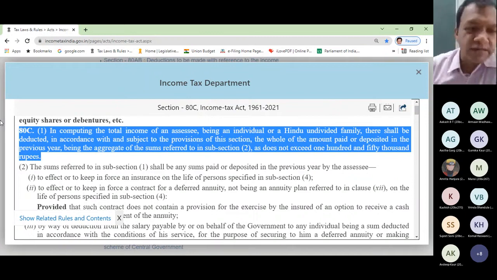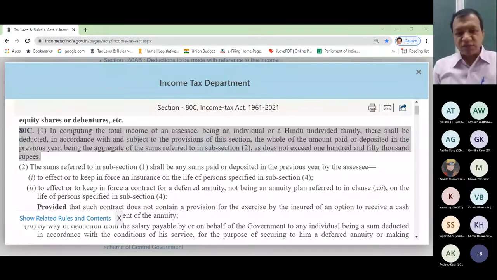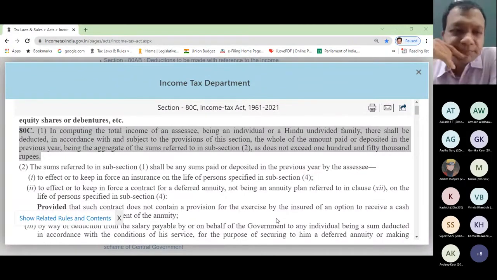Can you explain these four lines? What does this subsection want to convey to the readers? Anyone who can try to simplify this point for everyone?